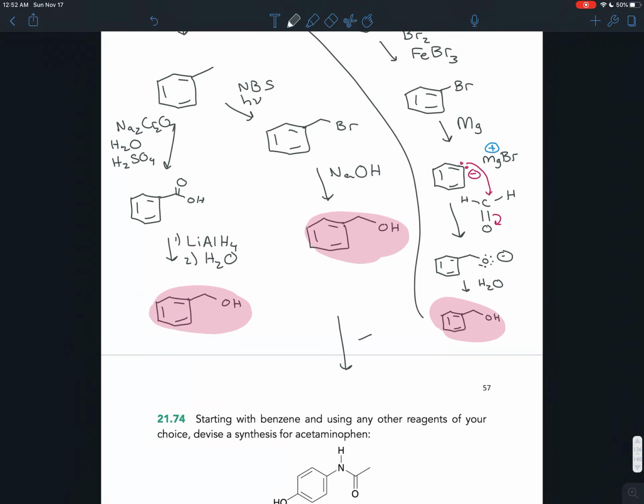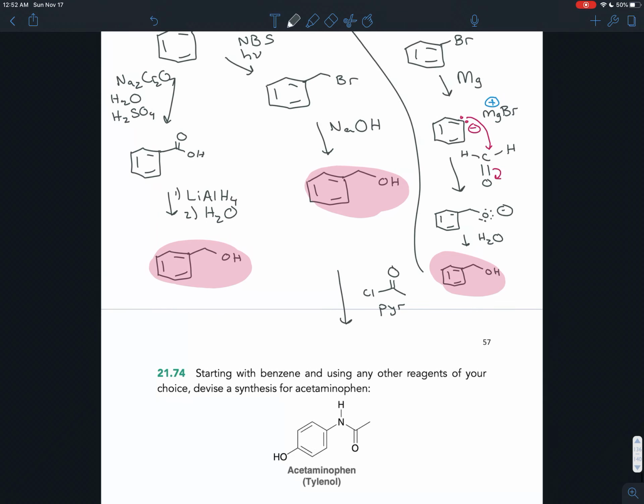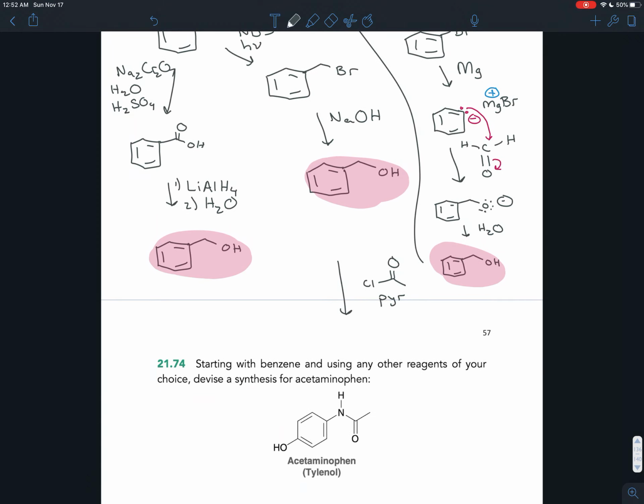If you treated it with this ethanoyl chloride, you'll replace the Cl, and you'd probably want to put some pyridine in here, so that, remember, pyridine is this sort of benzene with one of the carbons replaced by a nitrogen. The lone pairs can act as a base, and they'd steal the H off.